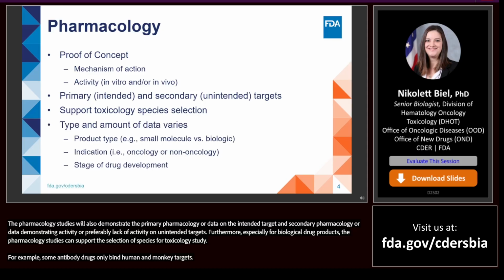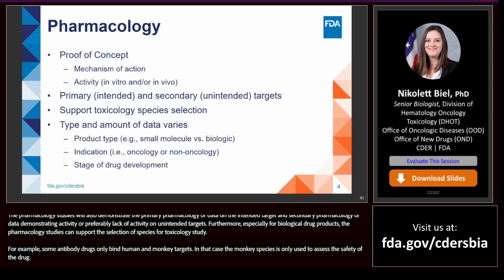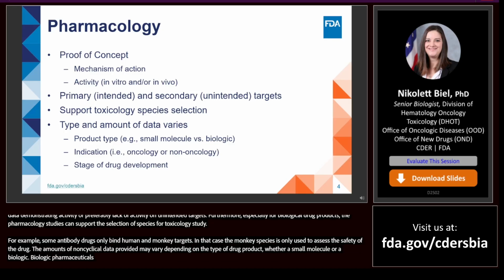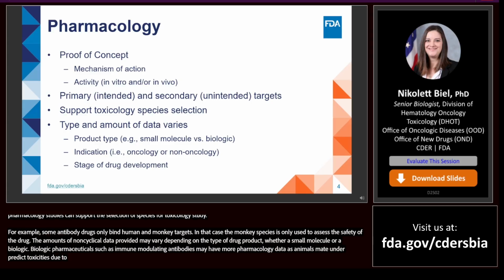The amount of nonclinical data provided may vary depending on the type of drug product, whether a small molecule or a biologic. Biologic pharmaceuticals, such as immune-modulating antibodies, may have more pharmacology data, as animals may underpredict toxicities due to differences in sensitivity between humans and animals, or there may not be a pharmacologically relevant species for toxicology testing.